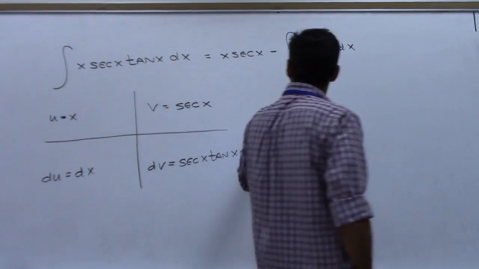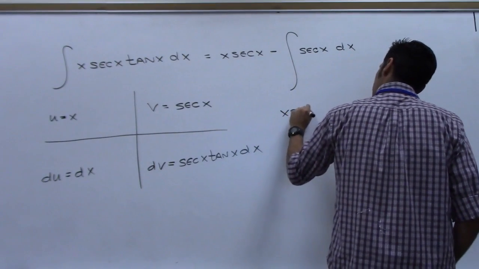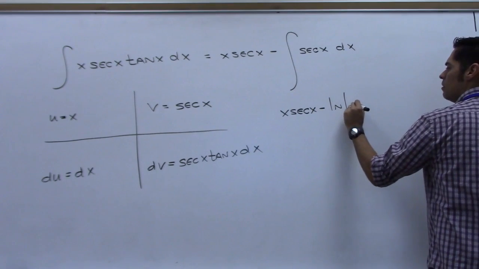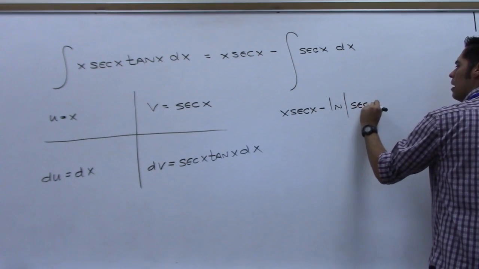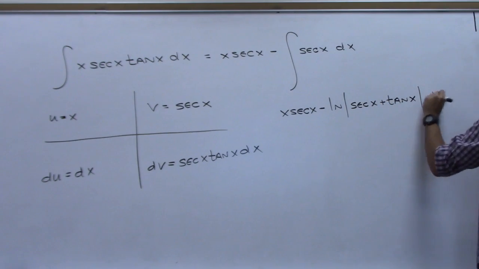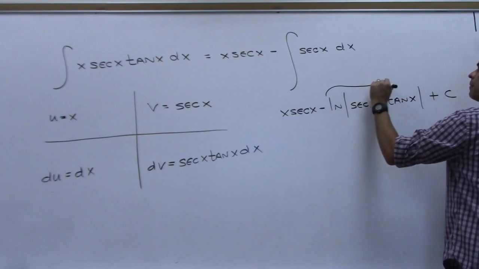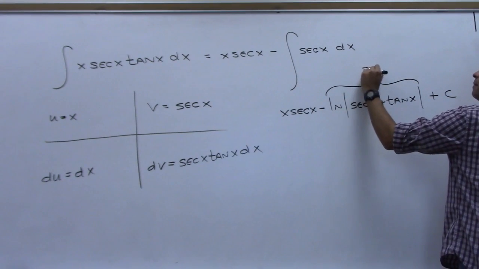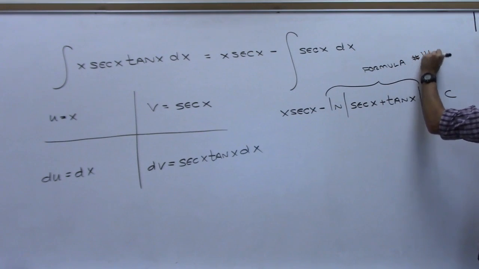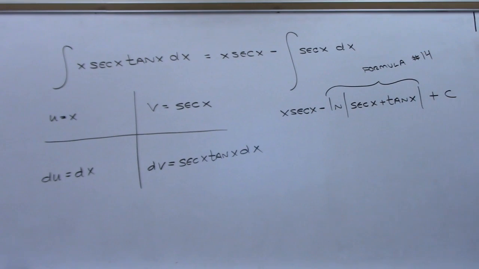So this would be x secant x minus natural log absolute value of secant x plus tangent x plus C. So this right here is formula 14 on there.